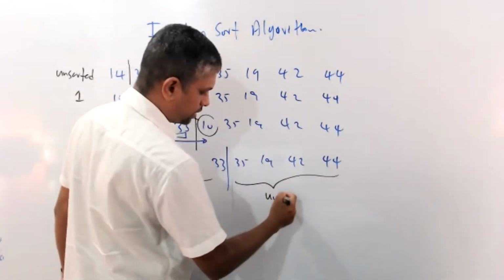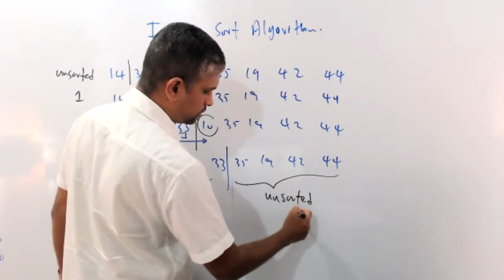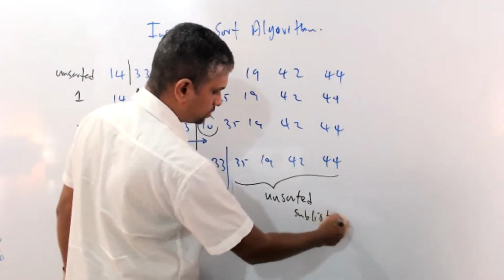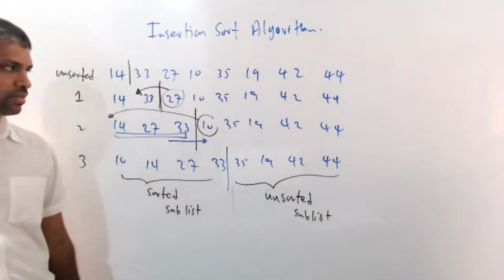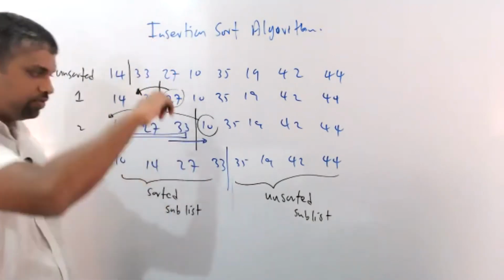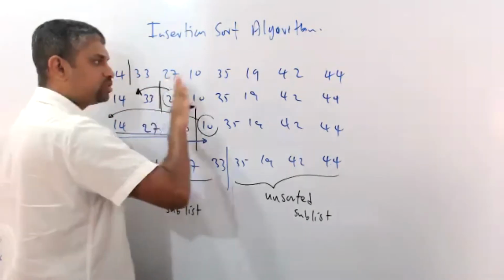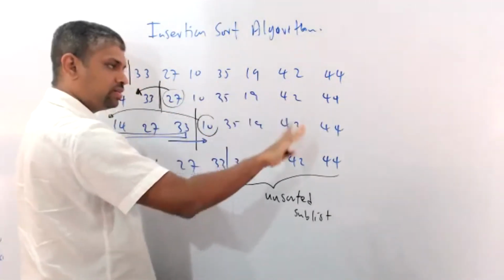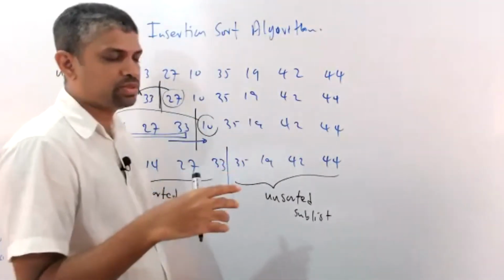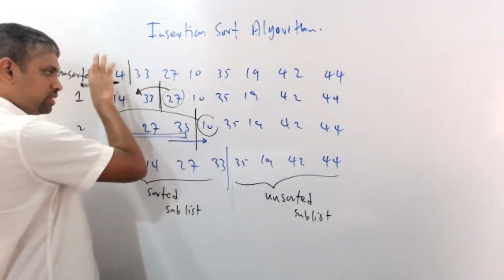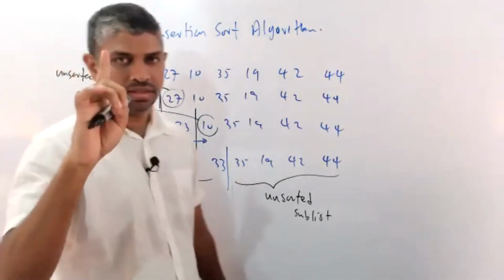This is the unsorted sublist. If you are following this method, it is sufficient to go from the beginning to the end one time.